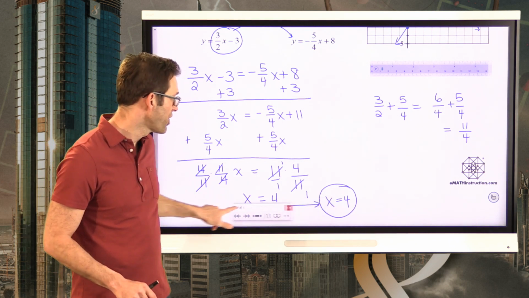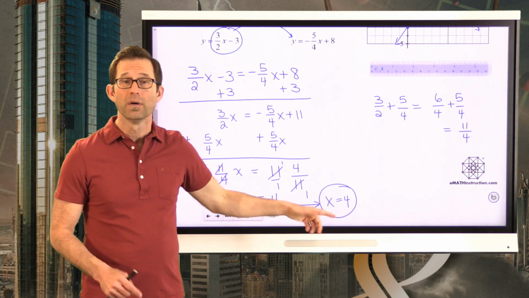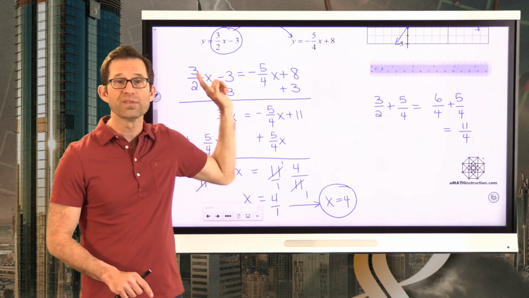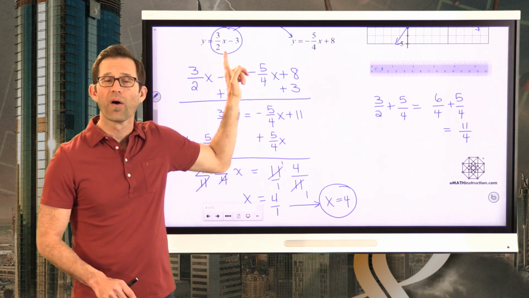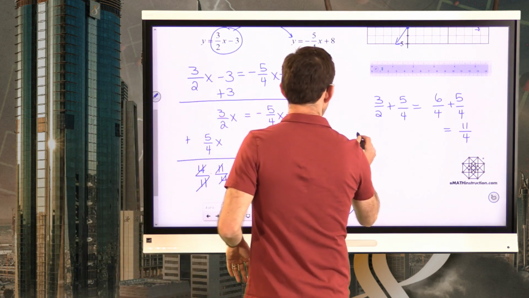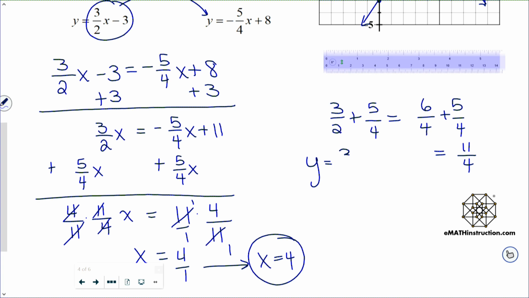Now, once we've got that x equals 4, we do exactly what we did before. I'm going to take my 4 and substitute it into one of these two. Given that this one doesn't involve quite as many negatives, I think I'll just use this one. So let me do that. Now I'm going to have y equals 3/2 times 4 minus 3.